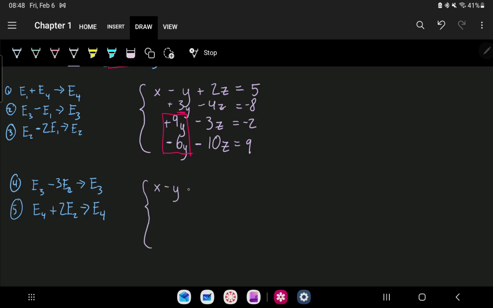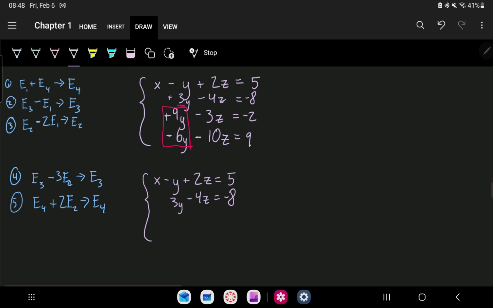Remember, equation 1 is not going to change, so I'm just going to copy it down. This time, equation 2 is also not going to change in principle, so I can just copy that one down. We're just working our way down the list, right?